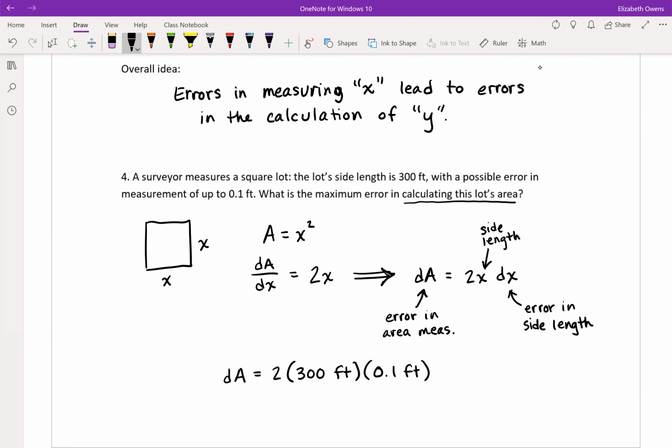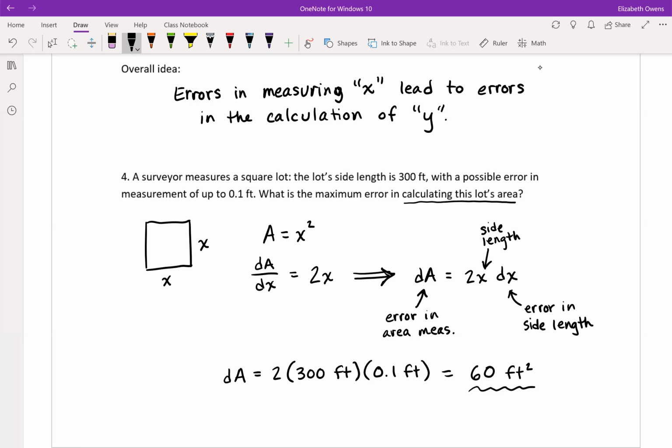And if you crunch the numbers on that, that's 600 times a tenth, so that would be 60. And the units are feet times feet, that would be feet squared, which makes sense for area. So 60 square feet is the maximum error in calculating this lot's area.